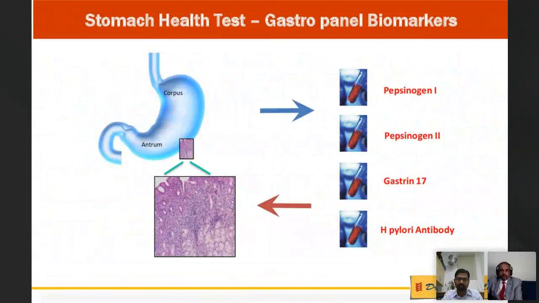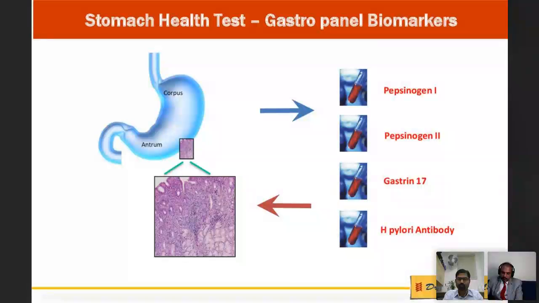This test, as already described by my previous speaker, comprises basically 4 biomarkers: pepsinogen 1, pepsinogen 2, gastrin 17, and H. pylori IgG antibodies. Pepsinogen 1 is related to gastric acid secretion, mainly secreted by the chief cells and parietal cells, and gives us an idea about the gastric acid secretion.